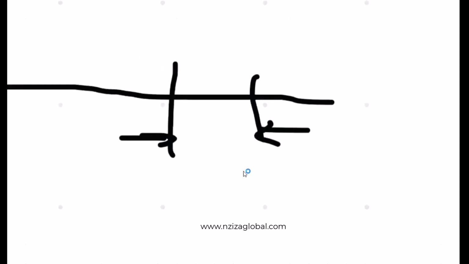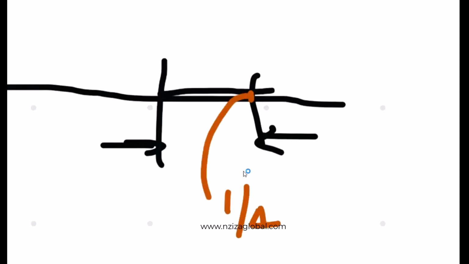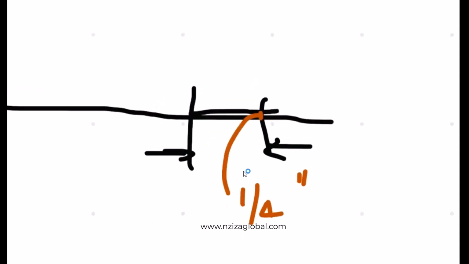So let's say from this point to this point, if the distance is 1 foot or 12 inches, there is a slope over here. So if I draw a line over here, I'll try to use a different color. This distance over here needs to be quarter inch. Make sense? So the slope of your pipe needs to be quarter inch.